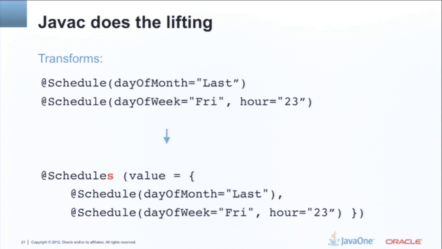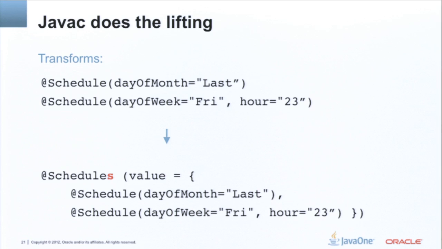And the reason we do it this way is that, as I showed you, there are a lot of examples where you already have this idiom of using a container. So we want to make it easier to continue to use that with less boilerplate.